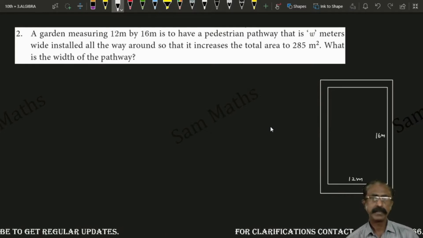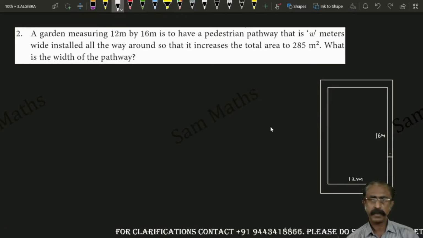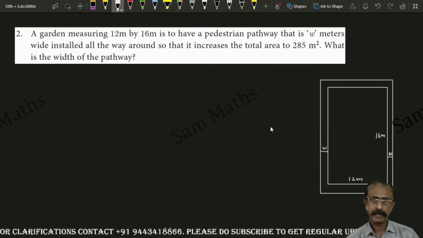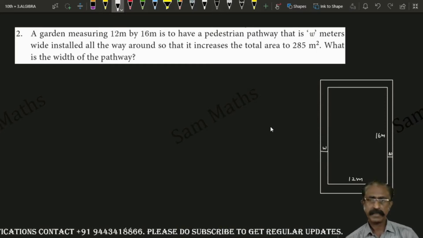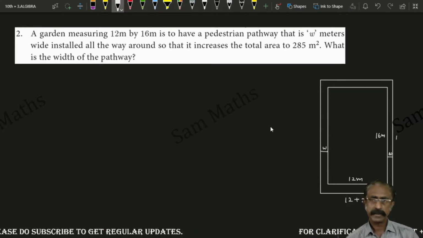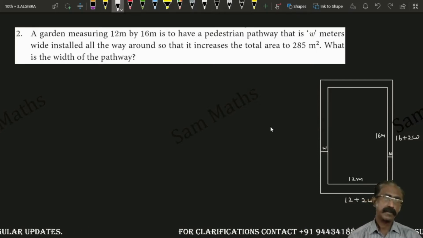Clear, children? The pathway is wide W. This is W. Therefore, both the sides we are getting W. Therefore, this length is 12 meter plus 2W. And this side is 16 plus 2W. Solution.